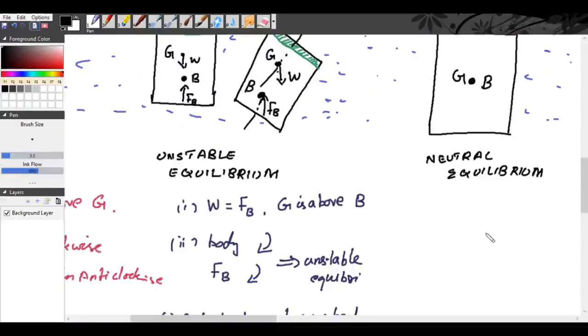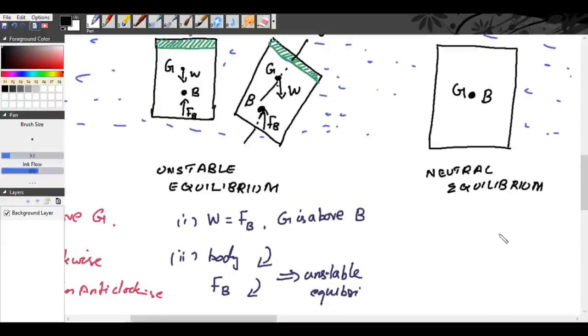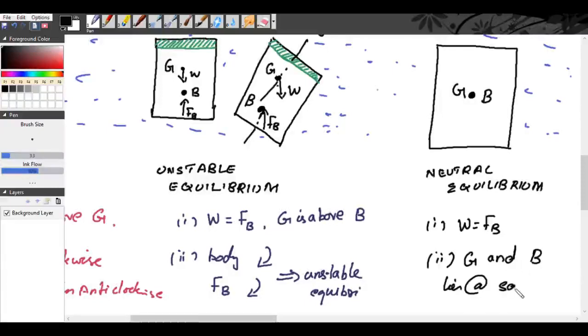So there is no disturbance given, so there is no need of clockwise and anti-clockwise movement or change in directions. So this is the condition for neutral equilibrium, that is W is equal to FB, and the second condition is G and B, that is center of gravity and center of buoyancy, lie at the same point.